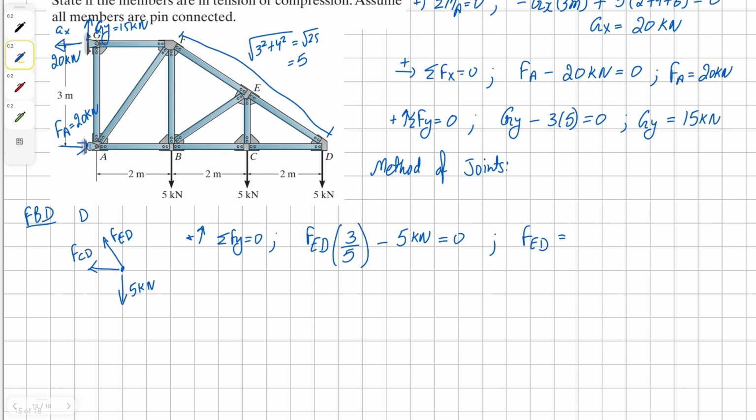Solving for force in member FED, we get our solution as 8.33 kilonewton, and this member is in tension.